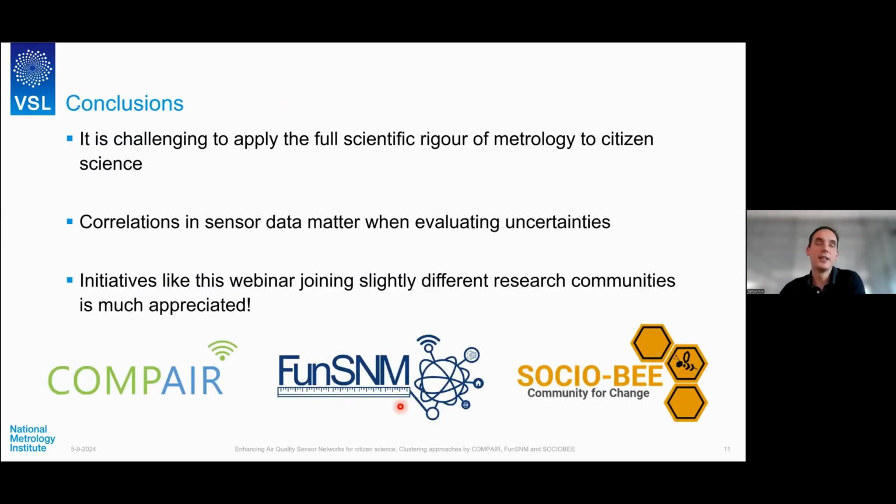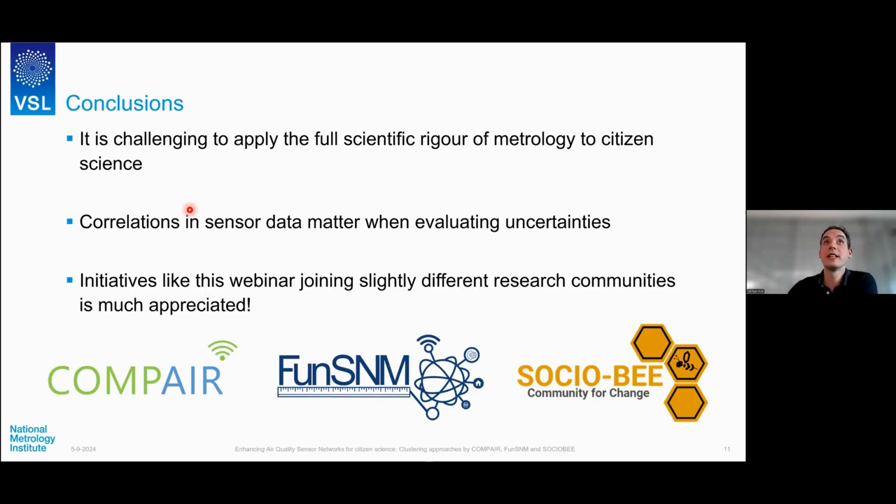So, conclusions. Well, we had the first part where we saw that it's challenging to apply the full scientific rigor of metrology to citizen science. There are challenges in specifying what exactly you want to measure, defining it precisely, and what all the uncertainty sources are, and there can be really a lot of them.